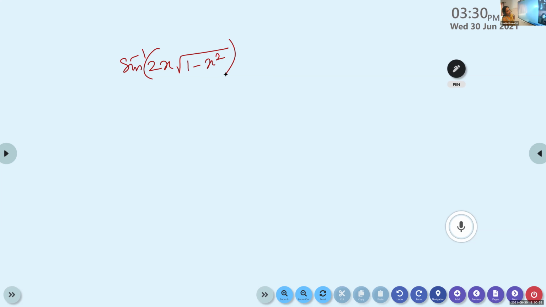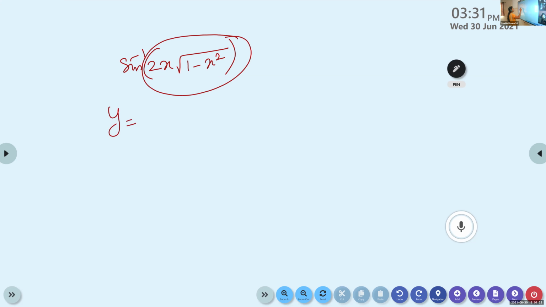We have to use the identity. You have to recall all the identities. Look at which identity we can use here. It is starting with 2x into root of 1 minus x square, and the function outside is sine inverse. So this argument, on simplifying, we should make it in terms of sine. Then only sine inverse and sine will get cancelled.